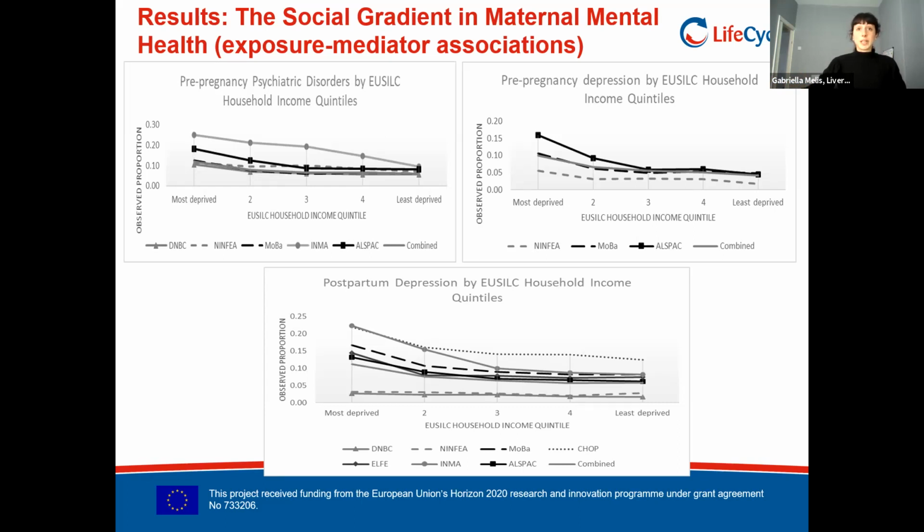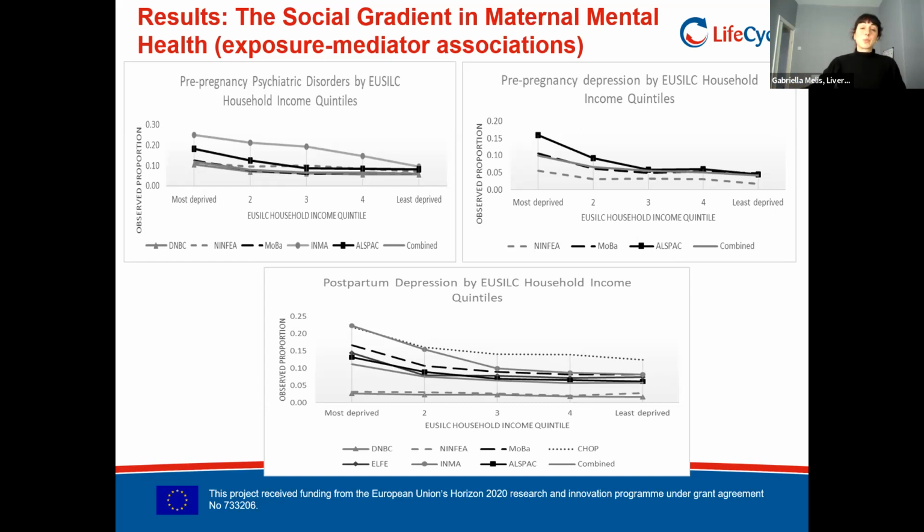As I said before, income is our exposure and maternal mental health is our mediator. And the social gradient in maternal mental health, as you can see, is quite evident across the various cohorts.